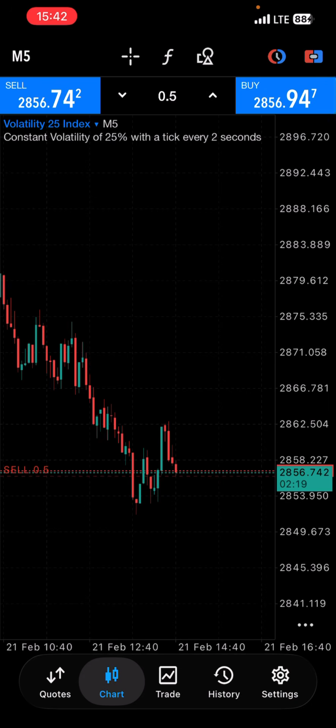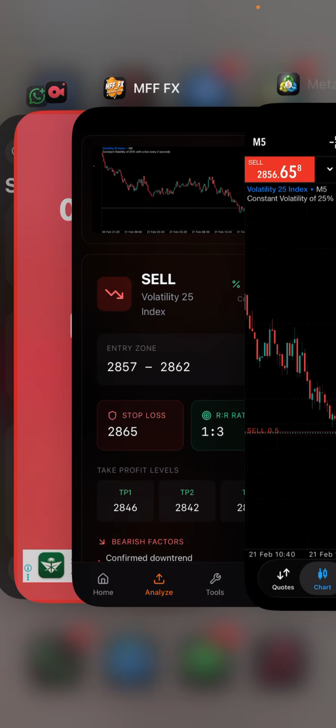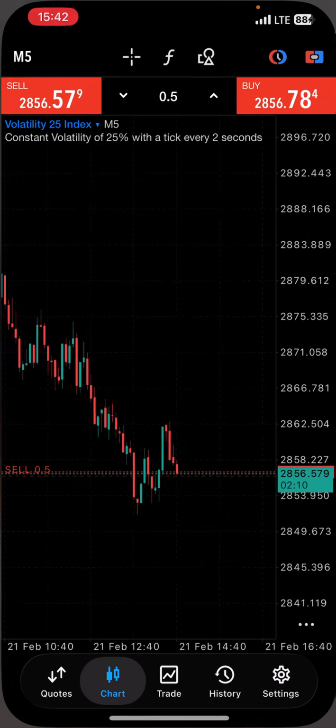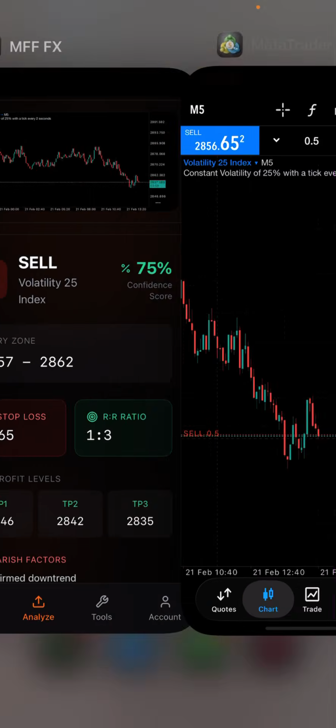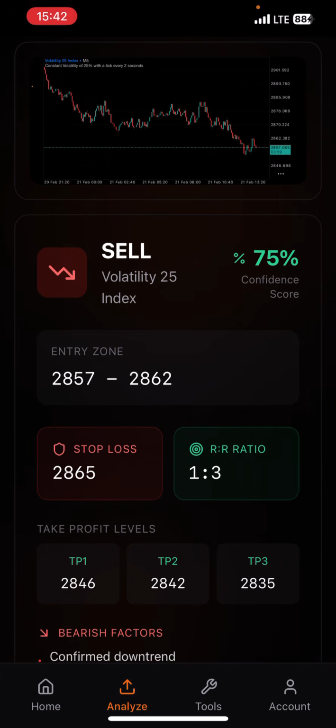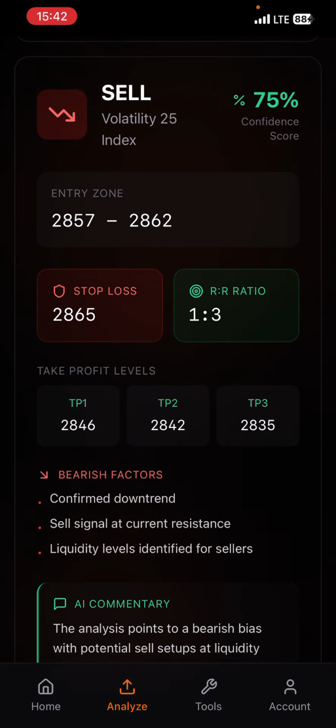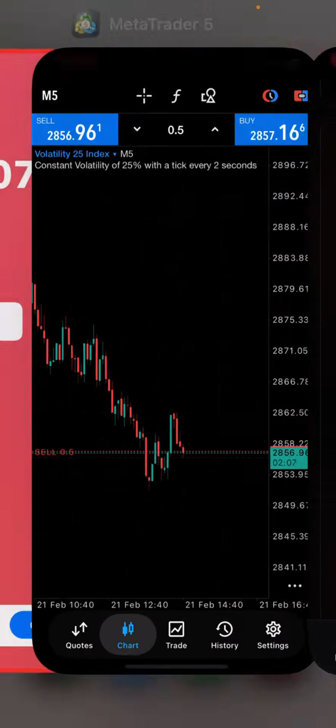The other place they told me to wait for is 2862. If you look at the entry 2862, 2857, the stop loss, it's a sell, right? Just to be sure. Stop loss will be 2865.